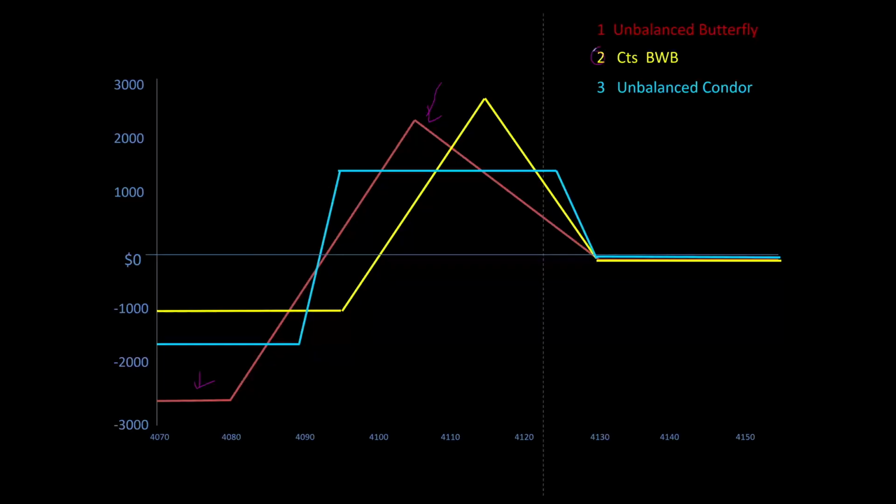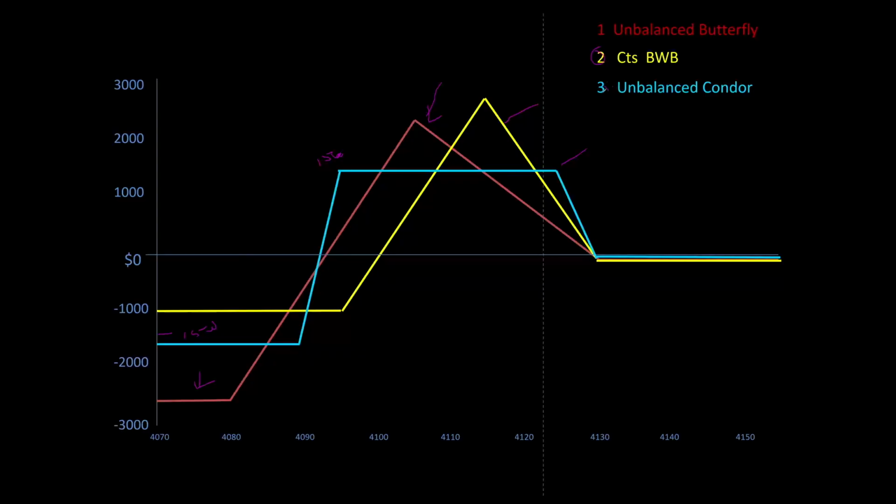But when I take 2 BWBs, this is 2 BWBs, and this is 3 unbalanced condors. Remember, 1 unbalanced condor made 500 and lost 500? Now it's making 1,500 versus losing 1,500. It's a more fair comparison.